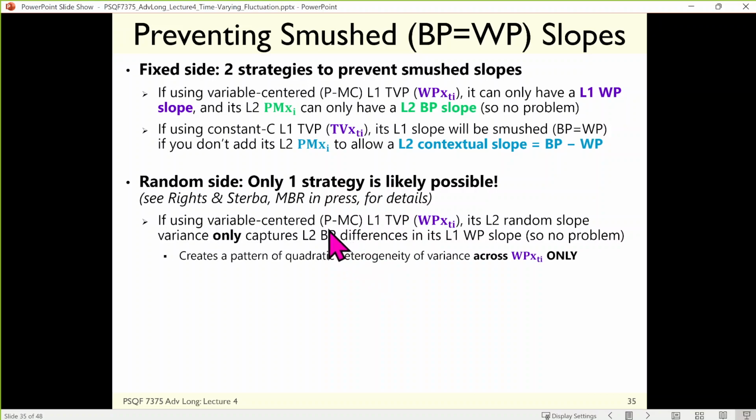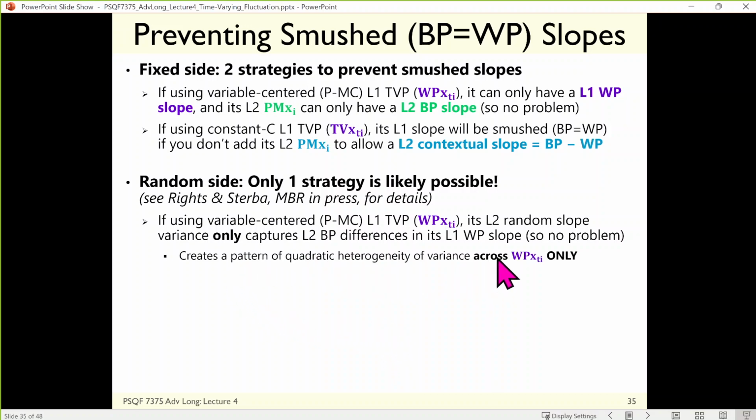If you use within person X as the variable that gets the random slope, so you use person mean centering, you put within person X in the random part of the code and in the fixed part of the code, there's no problem, because you are assuming within person slope as the unit of analysis that's been given the random effect. So between person differences in the within person slope, done and done.